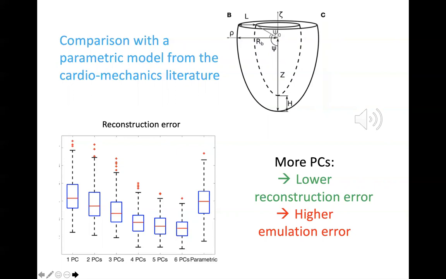However, as the number of principal components increases, the dimension of the input space increases too, and so the emulation error will get worse. From the graph on the left, we can see that the improvement in the reconstruction error from 5 to 6 principal components is fairly modest, and we therefore decided to project the left ventricle onto a space spanned by the 5 leading principal components.